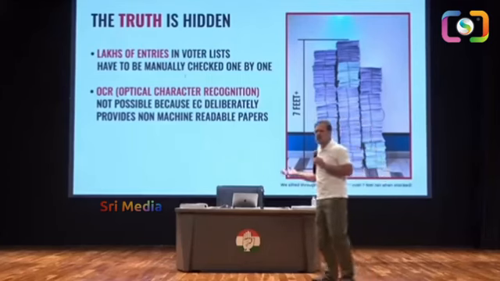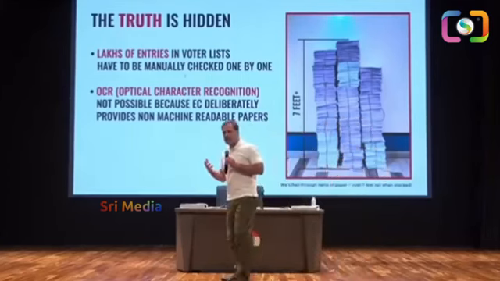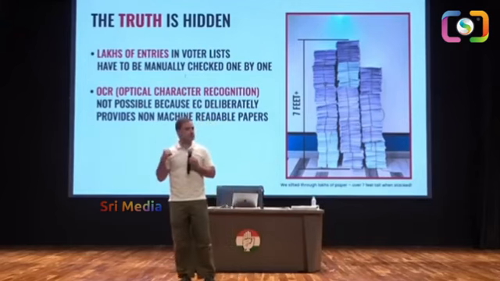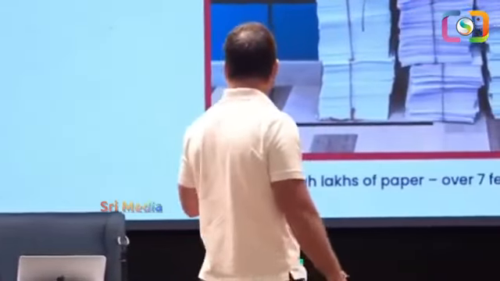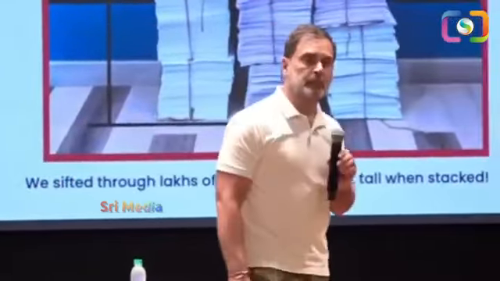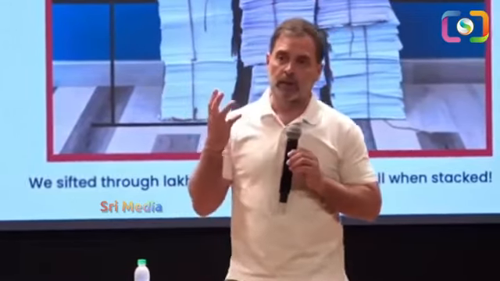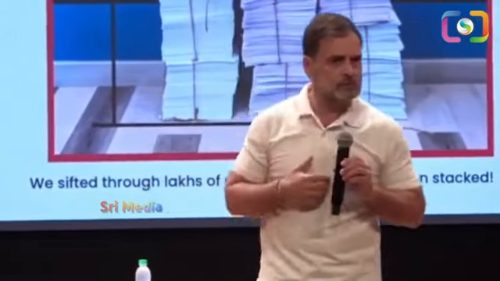And we were surprised, why? Why is the Election Commission protecting these pieces of paper? ठीक है, आप सॉफ्ट कॉपी नहीं देना चाहते, but इनको क्यों प्रोटेक्ट कर रहे हो? Right? And EC deliberately provides non-machine readable papers. This was another thing that when we discovered it, we were like, this is strange.